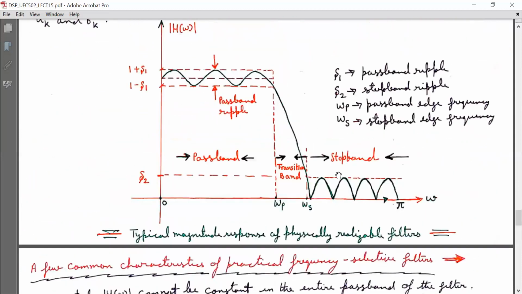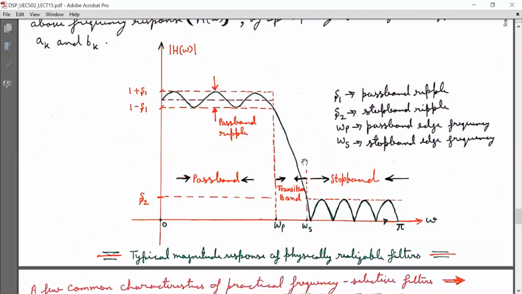Once more I repeat that this diagram is very important because it is giving all the information about the frequency response of the low pass filter, that is delta 1 passband ripple, delta 2 stop band ripple, omega p passband edge frequency, omega s stop band edge frequency.